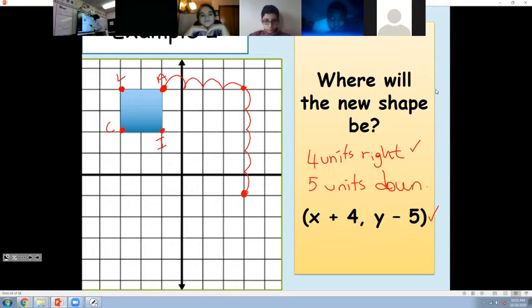Okay. Now, this is not A anymore. What is that? It is A prime. Why do we put A prime? Because we want to differentiate it, right? So we can see which one is the original one. This is the original one. How about this one? This is not the original one. This is the one we got from the original one. It is the image. We call this one original because these are original letters, right?